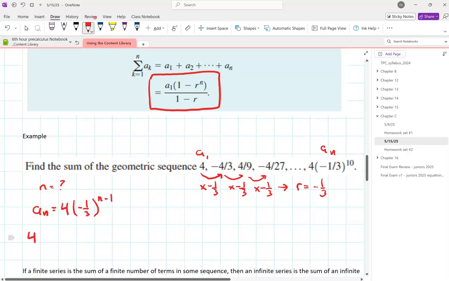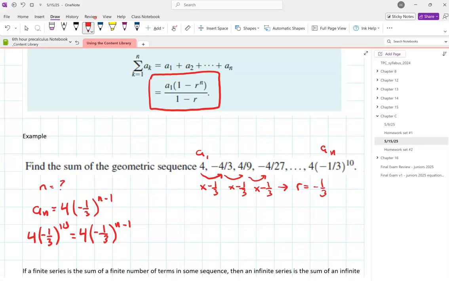Then I'm going to plug in the nth term in this problem to a sub n and solve for n. Hopefully it's pretty clear that since everything else is equal, the exponents also have to be equal. So n is 11.